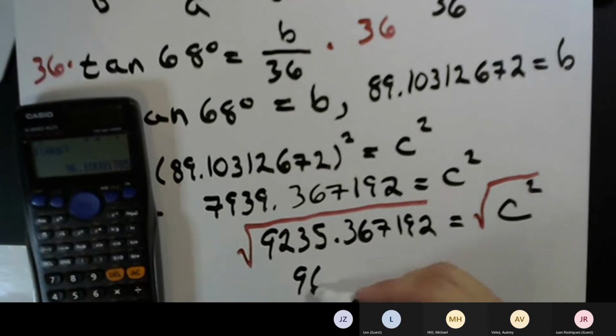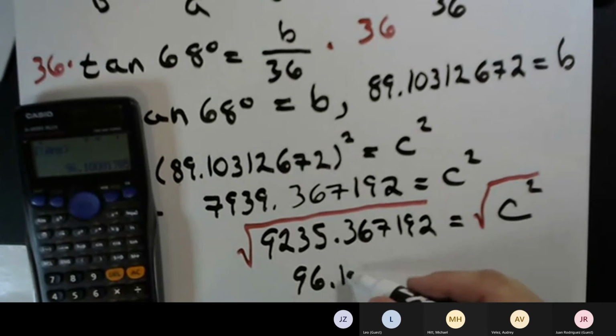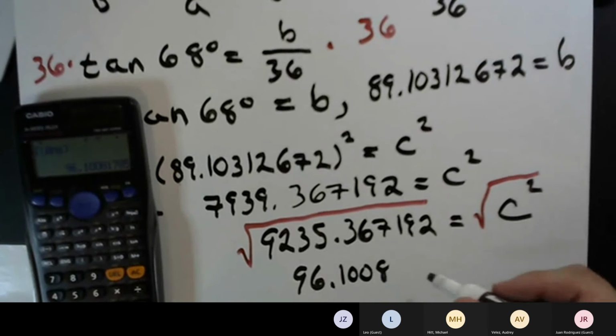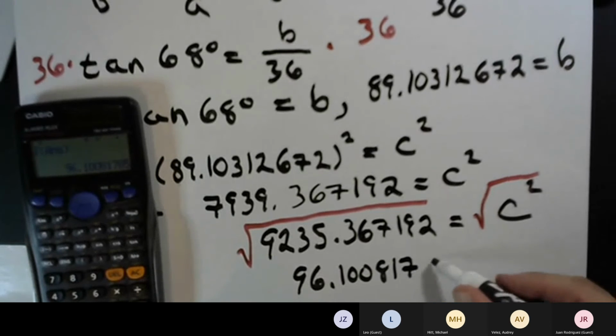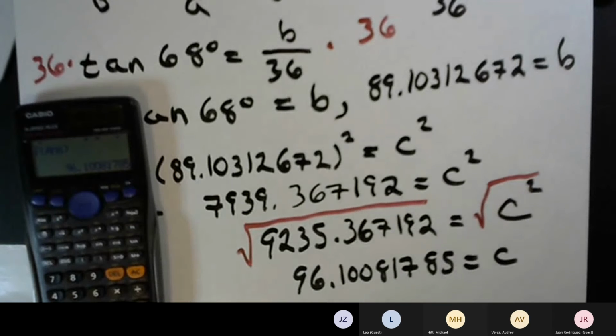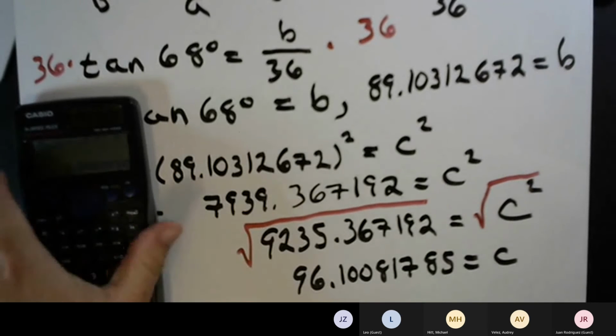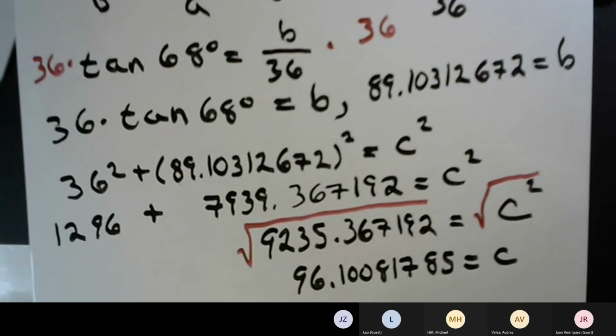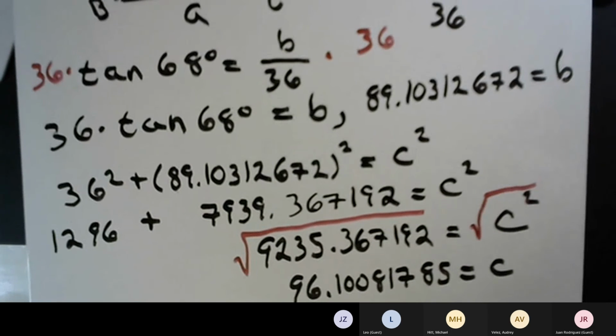We have 96.1008 is equal to C. So we can round B and C to the hundredths place. 96.10, and if these are measured numbers, maybe we need to keep the 0 there.